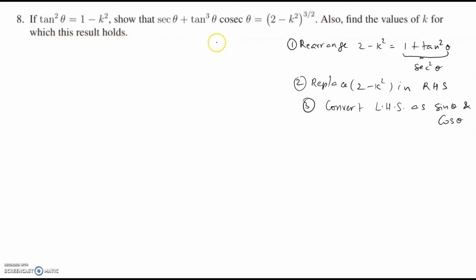So you need to find the value of k for which this result holds. What you're given is tan²θ is equal to 1 - k². So let's take this 2 - k² and substitute our tan²θ as 1 - k². So that's our first step.